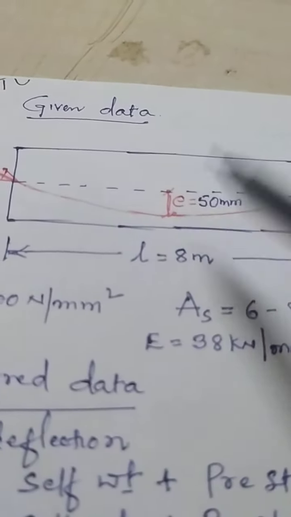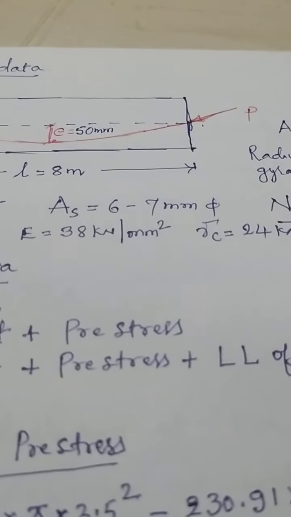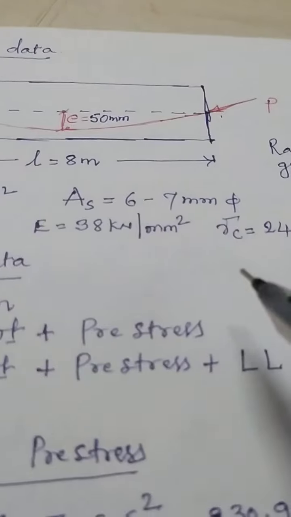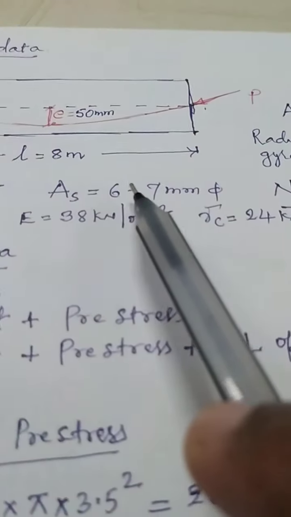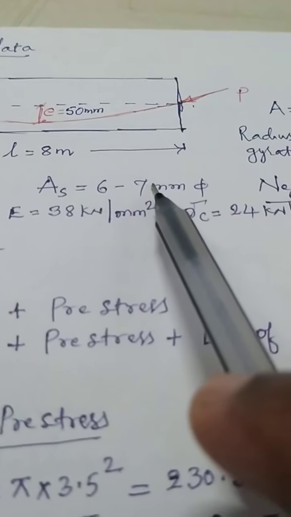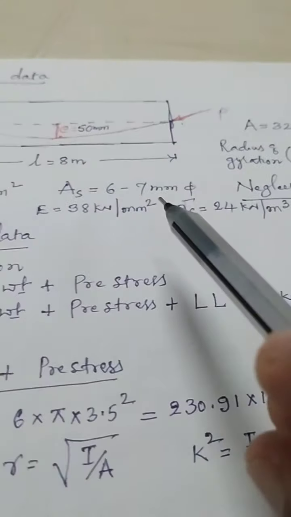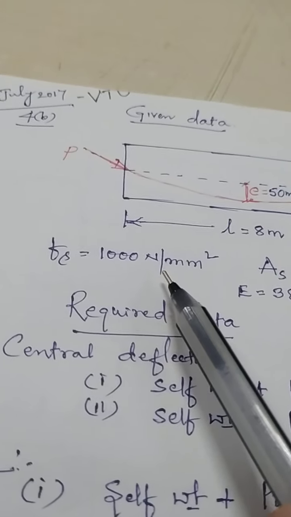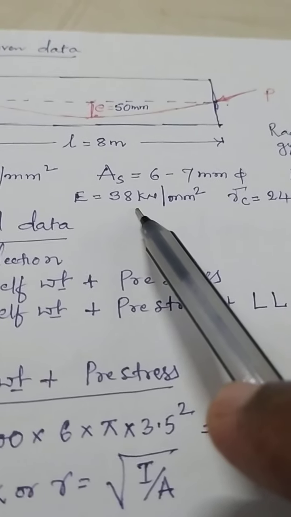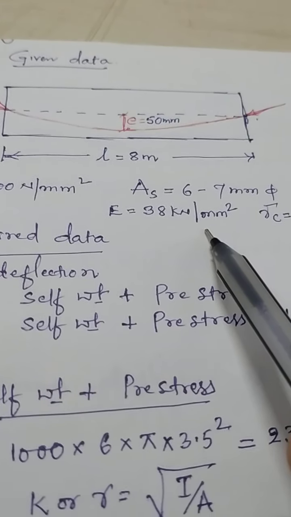Only the eccentricity at the midspan is given. Here the pre-stressing force is not given, as I said already. Area of steel is given, 6 cables, each cable diameter is 7 mm. And definitely Fs is given, pre-stress 1000 Newton per mm square. Young's modulus is given directly, that is 38 kilonewton per mm square.